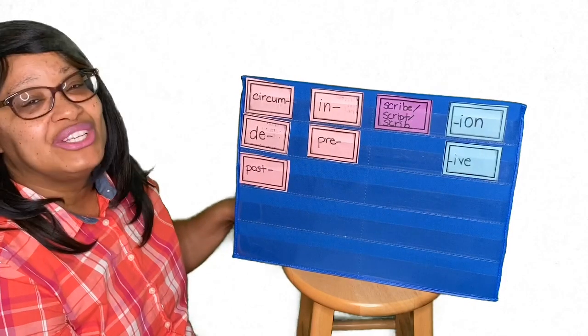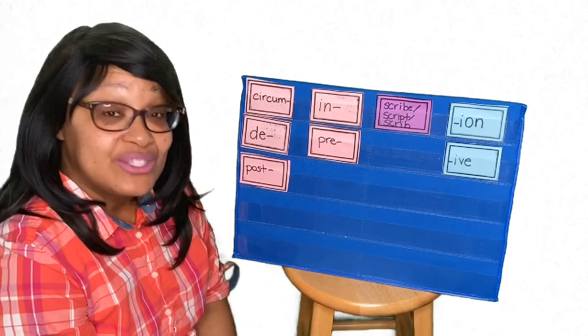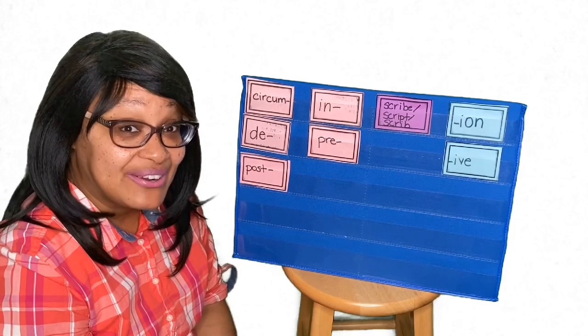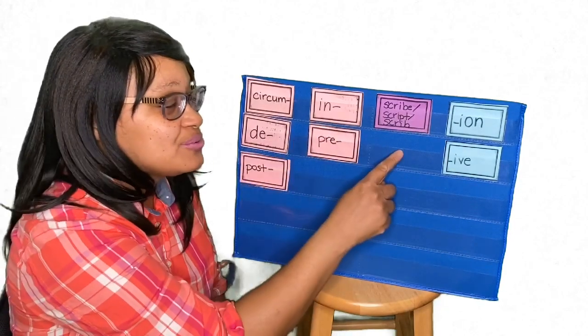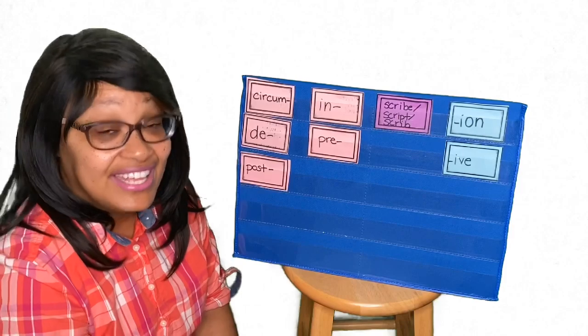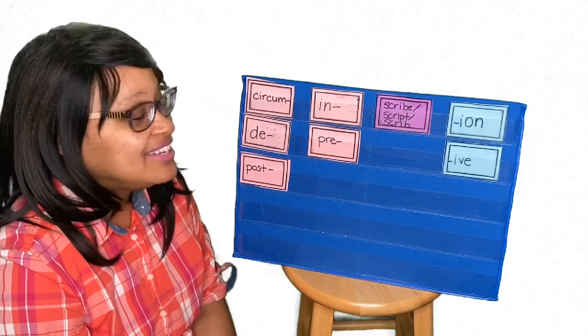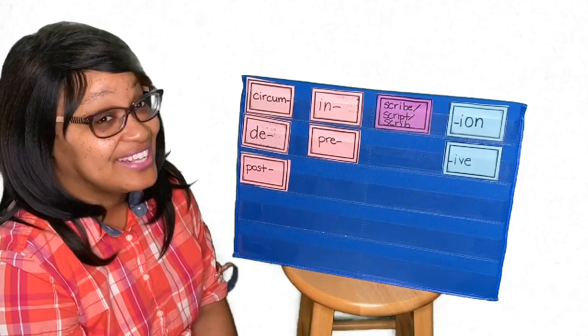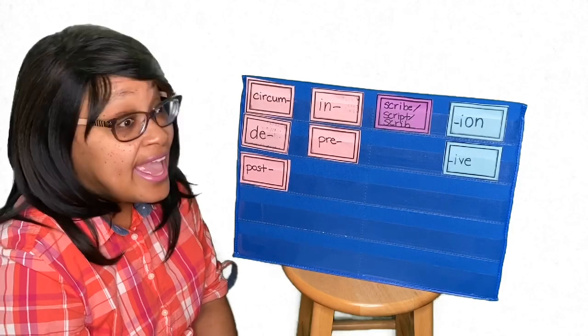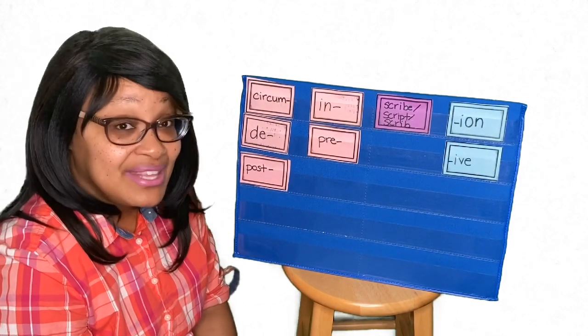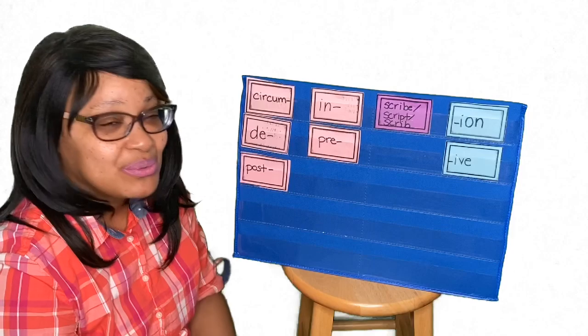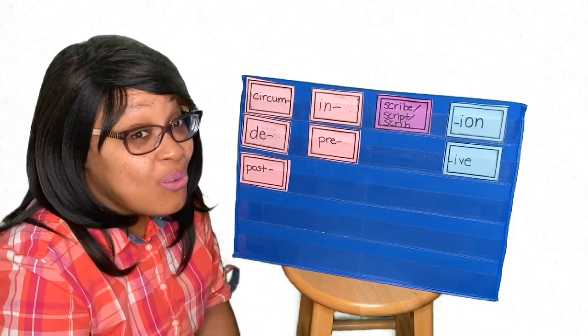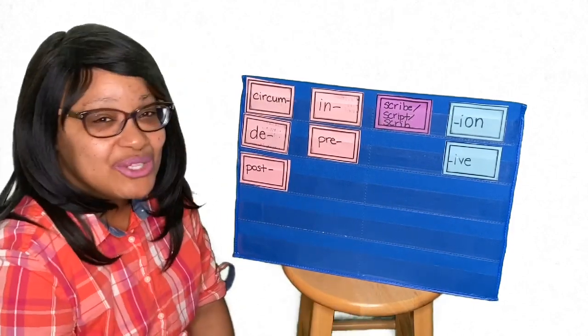So that's why I want you to keep on watching us so that you can expand your vocabulary and learn as many prefixes, roots, and suffixes as there are in English. And guess what? We haven't even gotten to the Greek layer of our language yet. And we haven't even looked at some of the Anglo-Saxon words, which are common words in our language. So keep on watching so that you can increase your vocabulary.